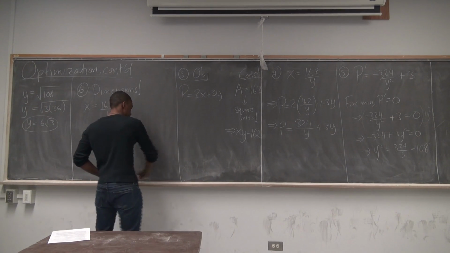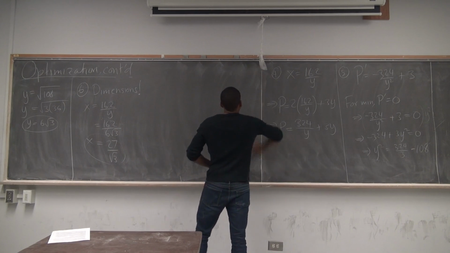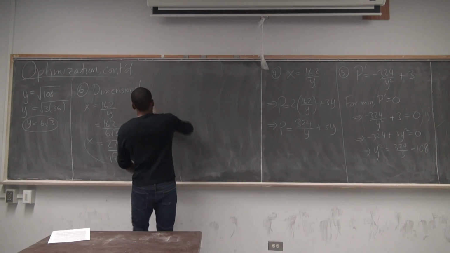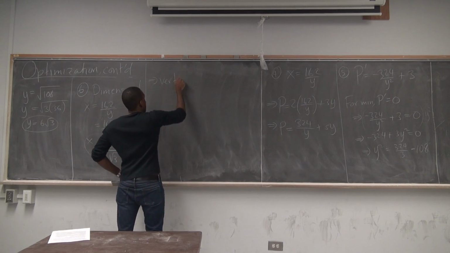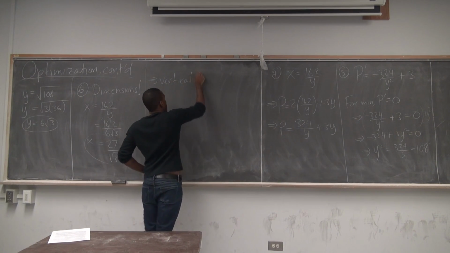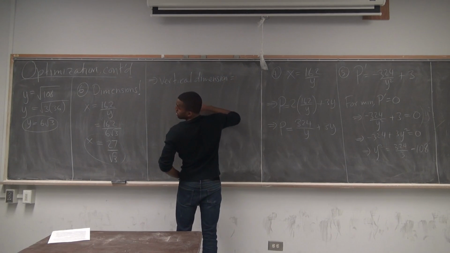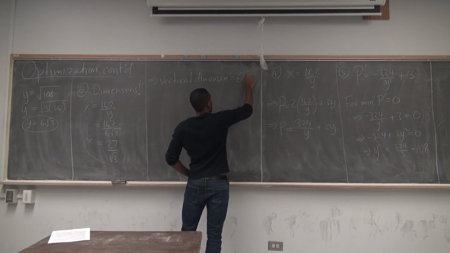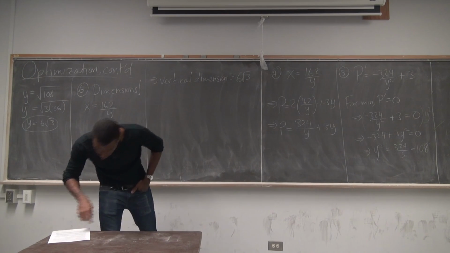So now the dimensions is just going to be, okay, this implies vertical dimension equals 6 radical 3 meters.